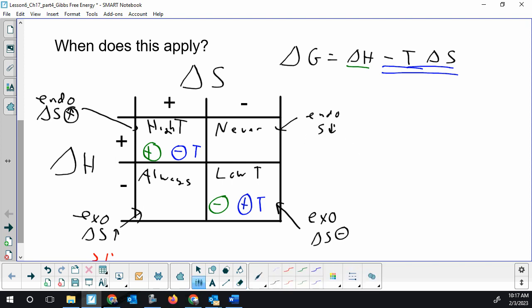The delta S is negative. So kind of summarizing the box you're in from the sign.